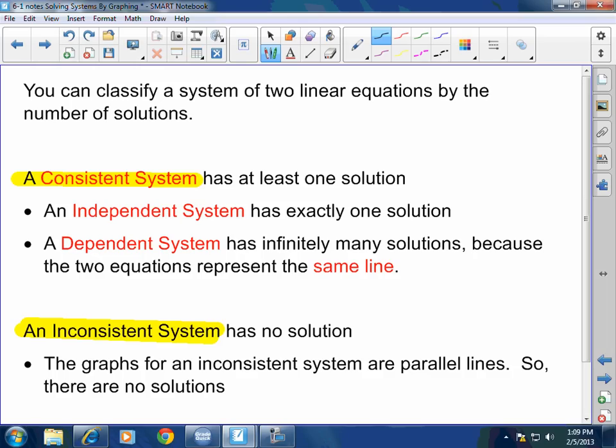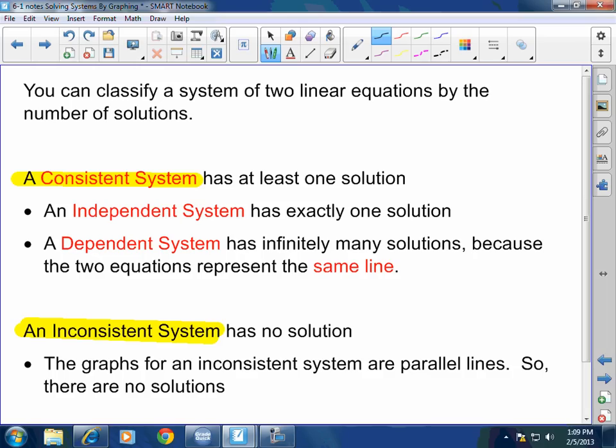Sometimes they're going to alter or manipulate one of the equations to make it look different. But when you solve, they're both the same. So again, a consistent system is either an independent system, which is one solution, or a dependent system, which has infinitely many solutions.